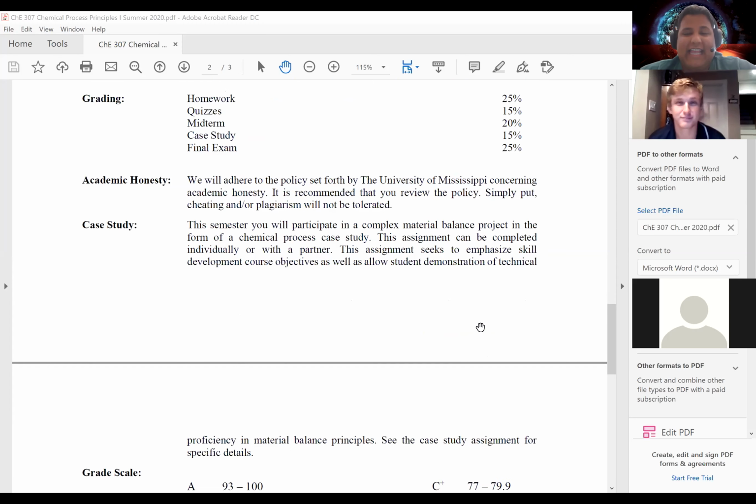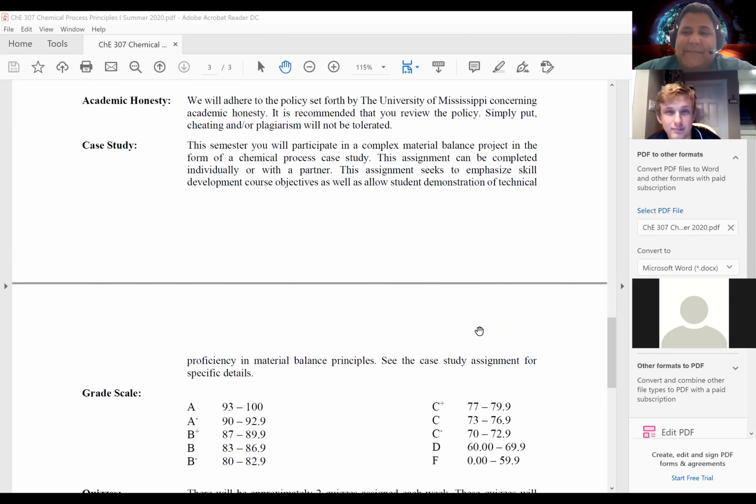All right, so the case study is going to be essentially a mini project. It will be a pretty complex material balance that you'll have to dissect. You can complete it by yourself, or you can complete it in pairs, if you so choose.